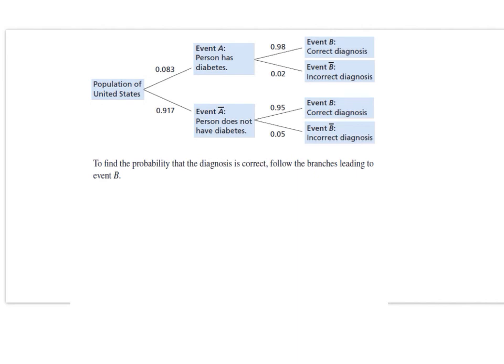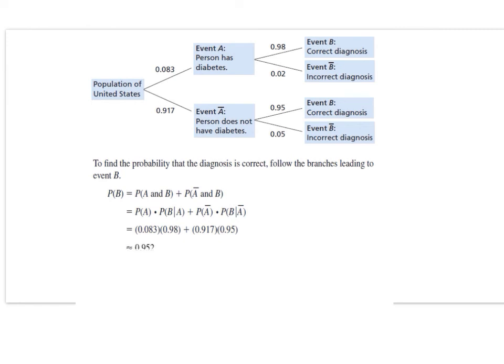So to find the probability that the diagnosis is correct, follow the branches leading to event B. The probability of event B equals the probability of A and B plus the probability of the complement of A and B. We figure that out by getting the probability of A times the probability of B given A, plus the probability of the complement of A times the probability of B given the complement of A. So plug in your values for all those different probabilities: 0.083 times 0.98 plus 0.917 times 0.95.